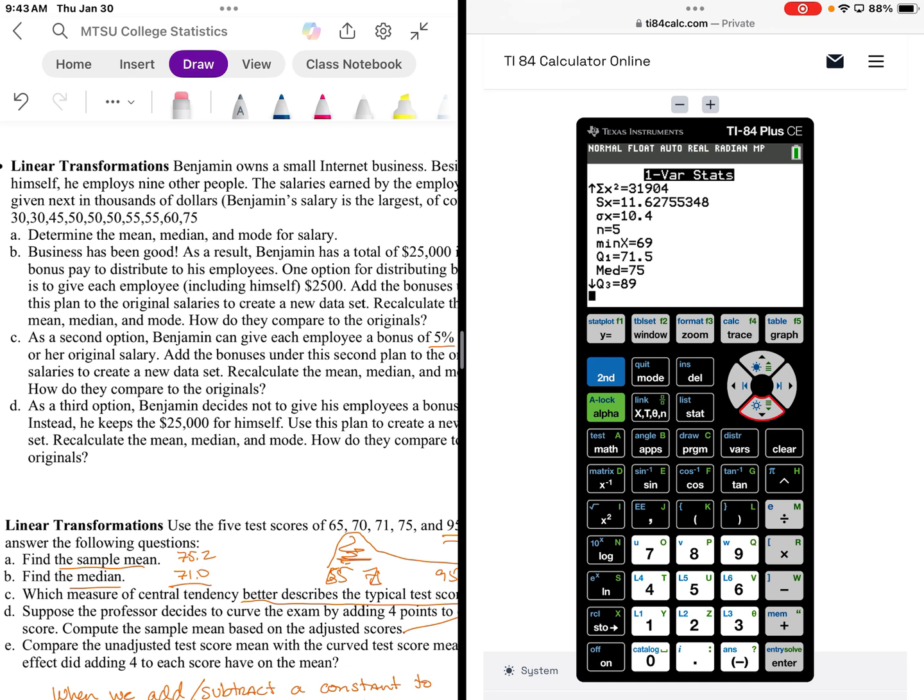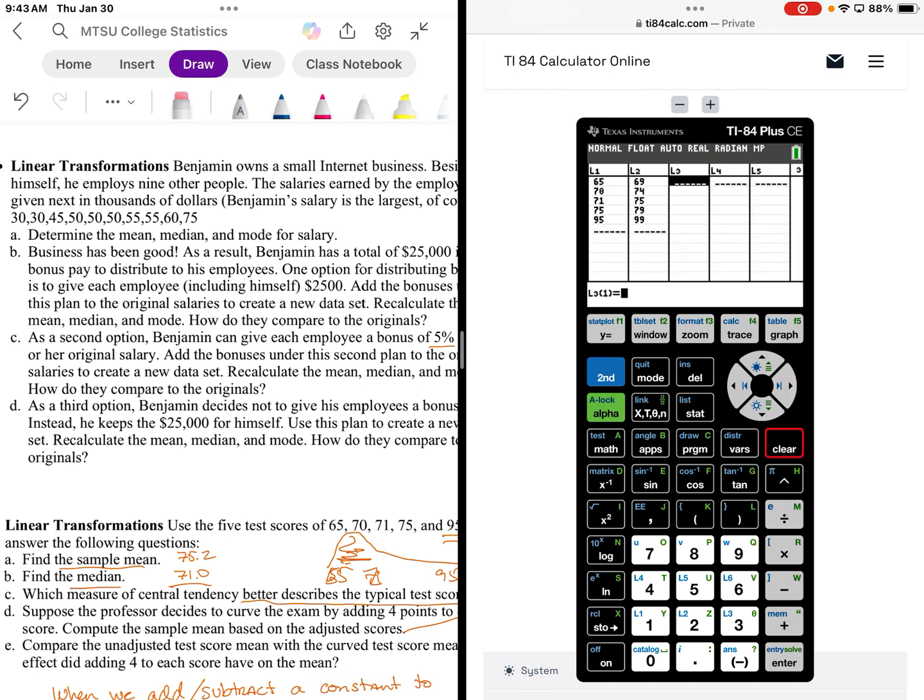Because that dictates how we put in the $2,500. How many of you want to just do it as 30, 30, and so forth? Okay. So if we do it that way.